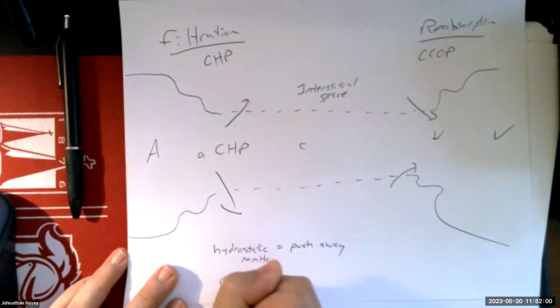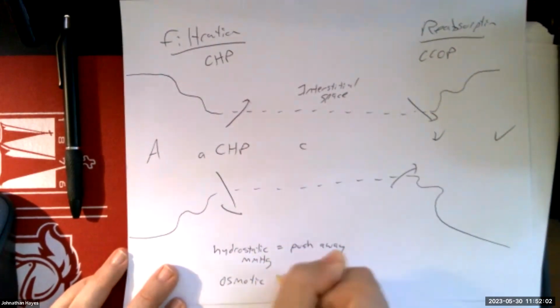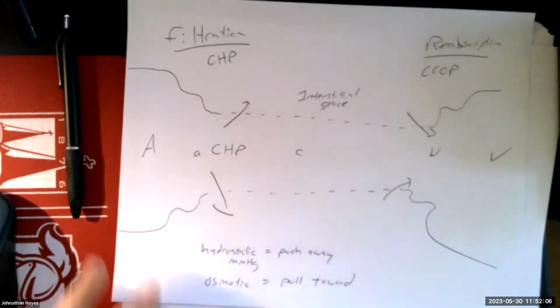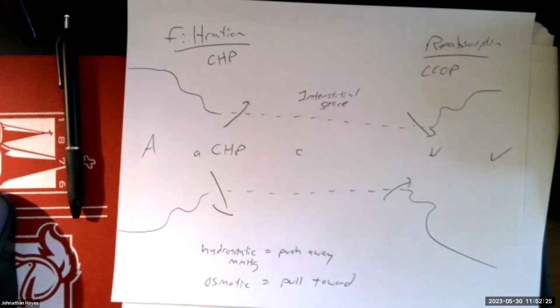Osmotic pressures will pull toward. Sometimes they'll call it creating an osmotic gradient. If you have osmosis occurring, it's basically saying that we've found or generated more solute in this area versus this area. And if water can easily move back and forth between one area and the other, it'll always go toward the solute.